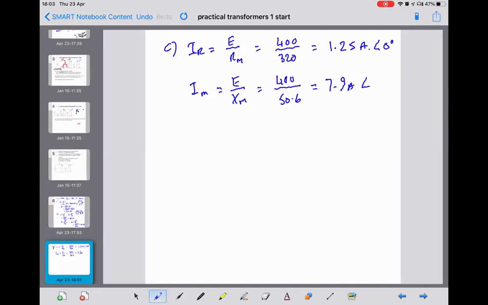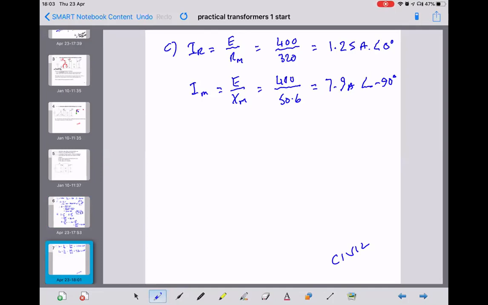The angle associated with that inductor current will be minus 90, magnitude at minus 90. Inductive current lags voltage by 90 degrees. CIVIL.